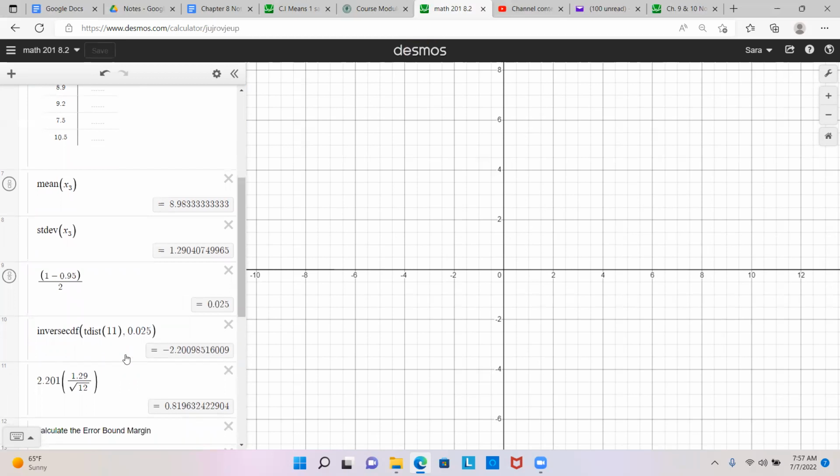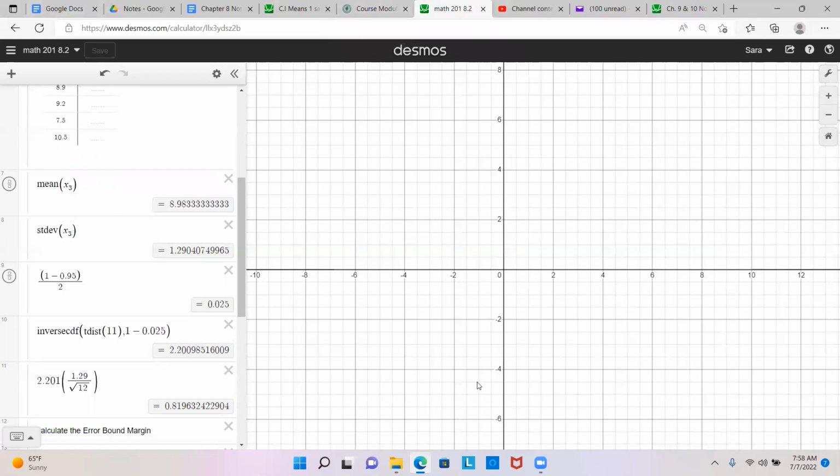And so our T is, and we can put it as 1 minus that, so you can see it's a positive. Notice it'd be just a negative, we left it that way. So our T of 0.025 and degrees of freedom 11 is 2.2. We'll call it 2.201.